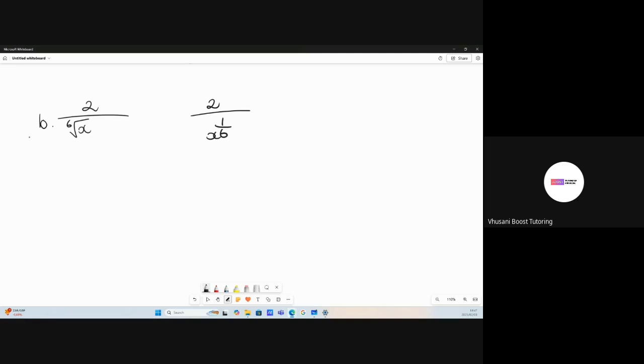Okay, so basically what we would first have to do in this one is change it to exponential form. So I'll write it as 2 divided by x to the power of 1 over 6. And remember, I'm trying to get rid of the root form.